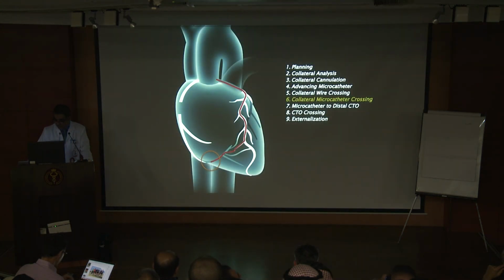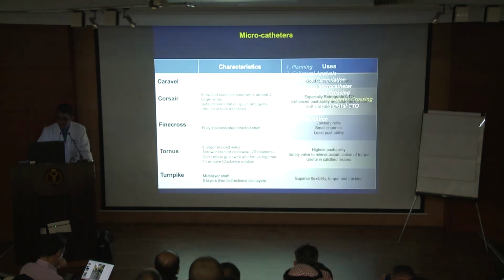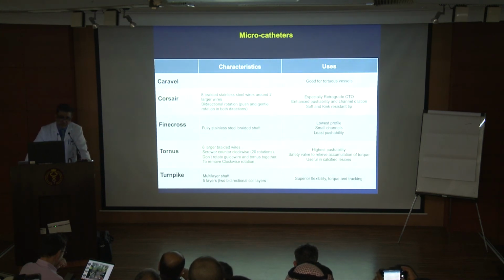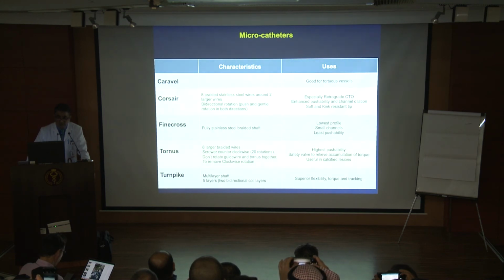So now we cross with the wire. Now we need to cross the lesion with the microcatheter. We had a very elegant talk by James yesterday on the different types of microcatheters. And I think it's like the wires, you need to know which microcatheter does what for you. So if it's extremely tortuous, like the case we had yesterday, remember, James went through the septal and the microcatheter was stuck.